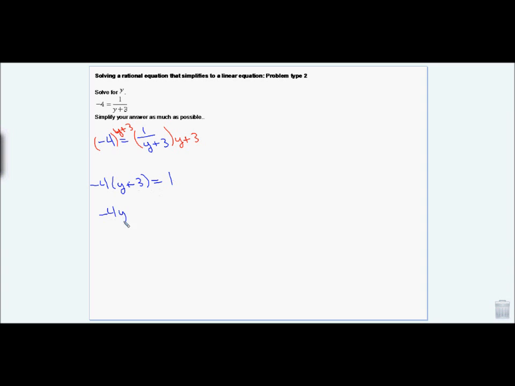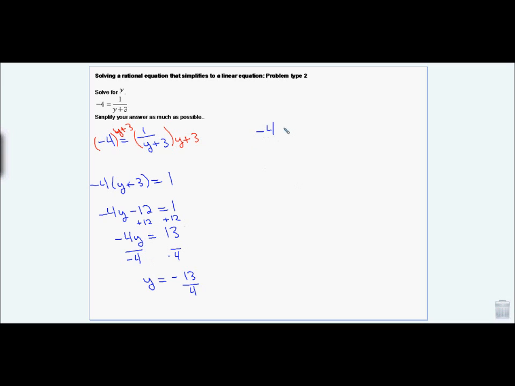Negative 4y minus 12 is equal to 1. Negative 4y is equal to 13. Divide both sides by negative 4. y is equal to negative 13 fourths. And just to be clear, I got the 13 by adding 12 to both sides.